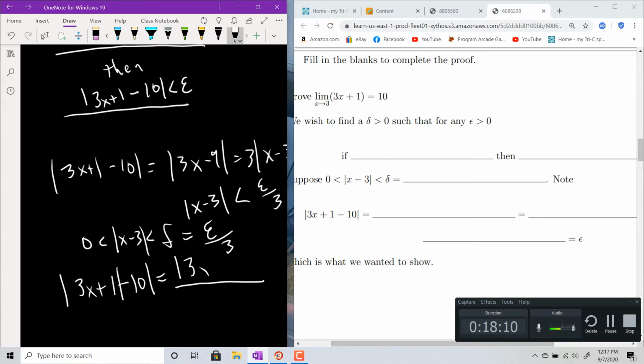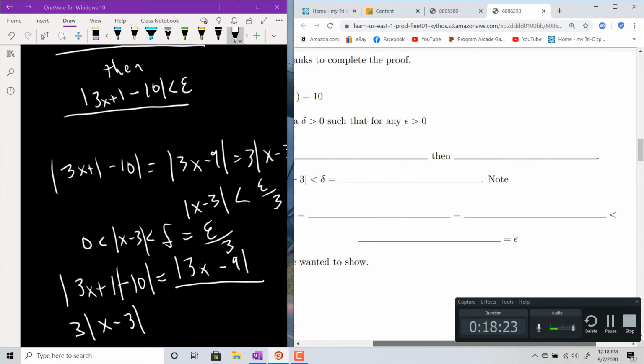So you rewrite that as 3x minus 9, and then that equals, that's when you factor out the 3, so that would be 3 times x minus 3, and then that, I think there's a less than symbol there, yeah, so less than, and then you replace the x minus 3 with epsilon over 3. So that would be 3 times epsilon over 3, which will equal epsilon, which is what we wanted to show.